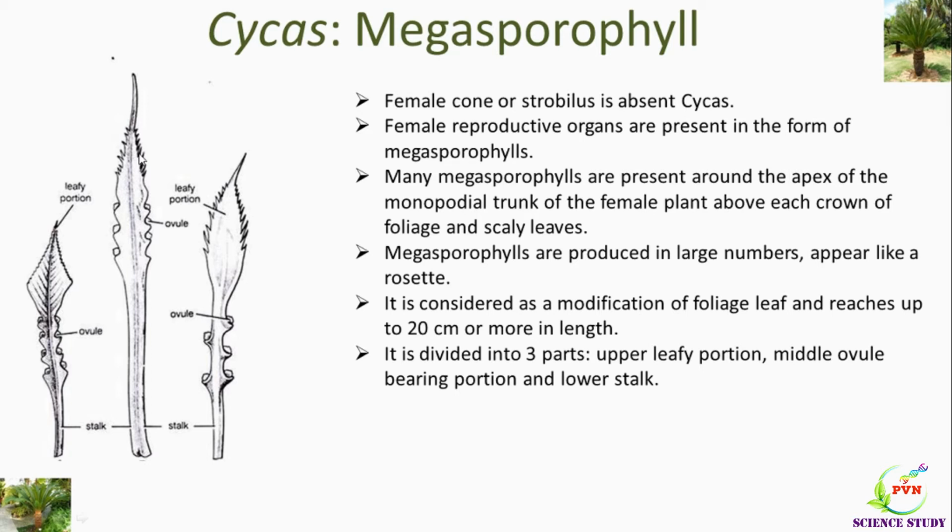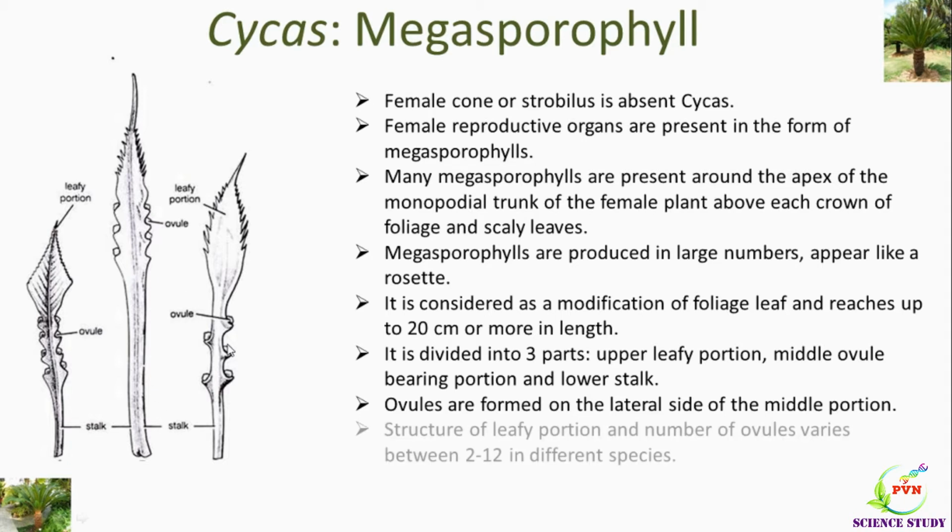This is the upper leafy portion. Next to that is the middle ovule bearing portion, and at the base we can see the stalk portion. The ovules are formed on the lateral side of the middle portion. The structure of the leafy portion as well as the number of ovules produced on the Cycas Megasporophyll vary depending upon species.